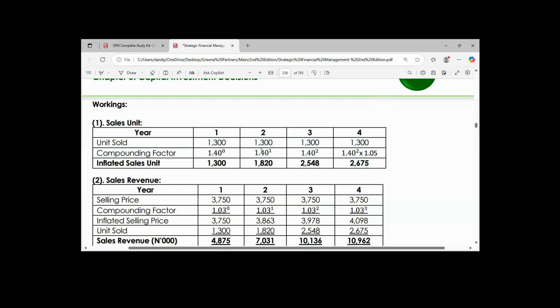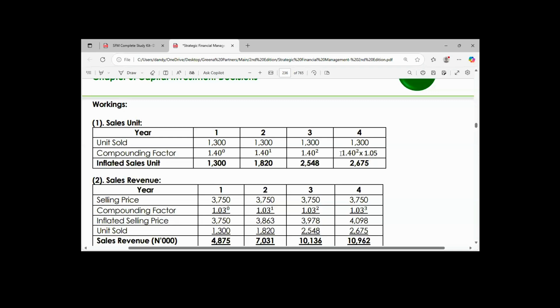Then, of course, say 1.4 raised to power 1 multiplied by 1,300. That will give you 1,820. For year 3, 1.4 raised to power 2 multiplied by 1,300 will give you 2,548. Then in year 4, it's no more growing at 40%. It has reduced to 5%.